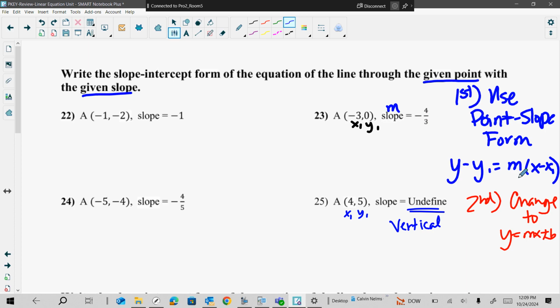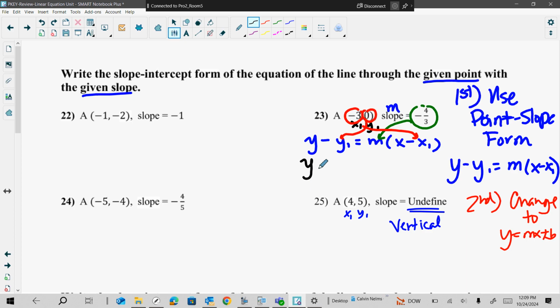So I'm going to plug it into the y minus y1 equals m parentheses x minus x1. This represents the m, so that goes in front of the parentheses. -3 is the x1 that goes inside the parentheses. And 0 is y1 that goes in front of the equal sign. So when I change this into point-slope form, this would be y minus 0 equals -4/3 parentheses x plus 3.